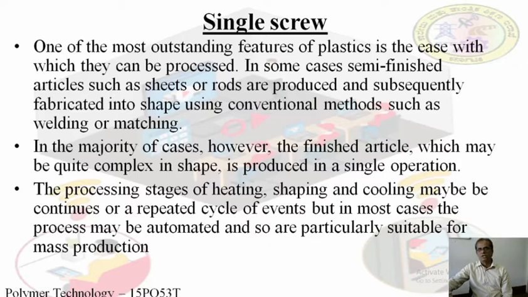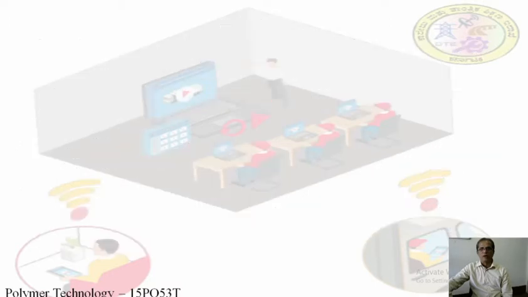The processing stages of heating, shaping and cooling may be continuous or a repeated cycle of events, but in most cases the process may be automated and so is particularly suitable for mass production.